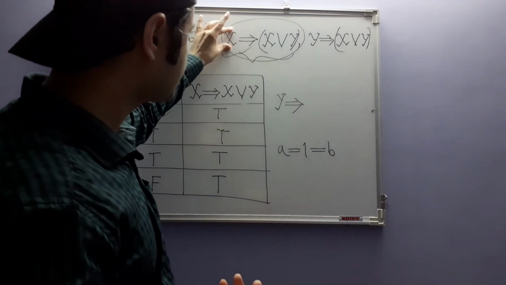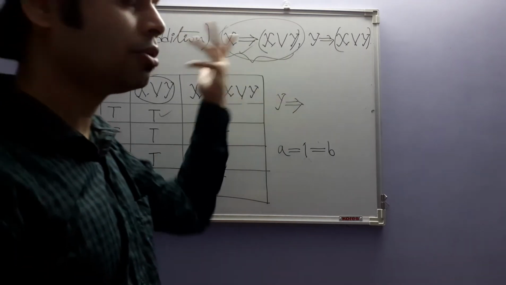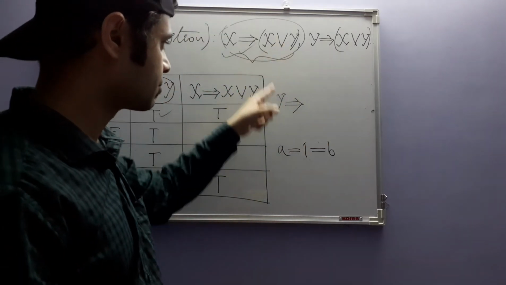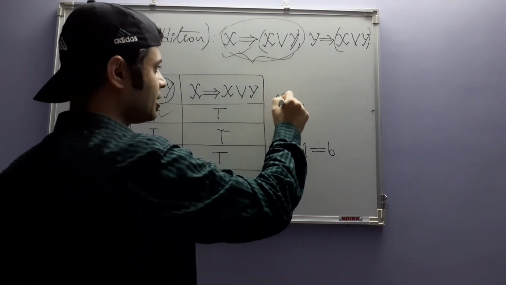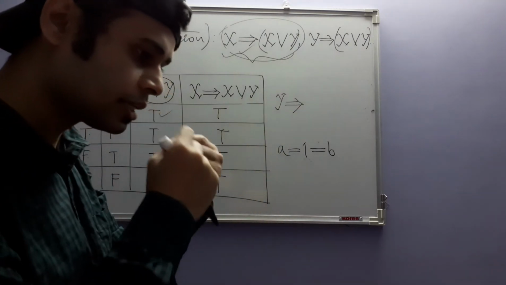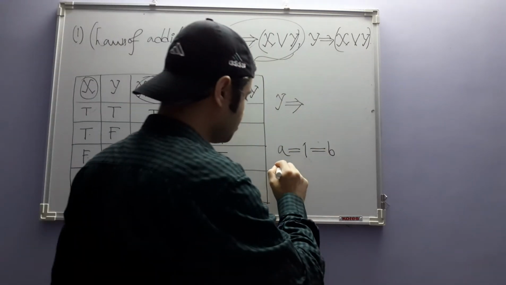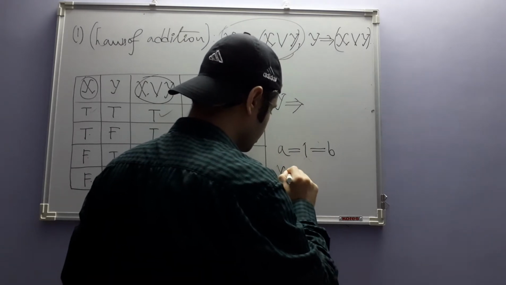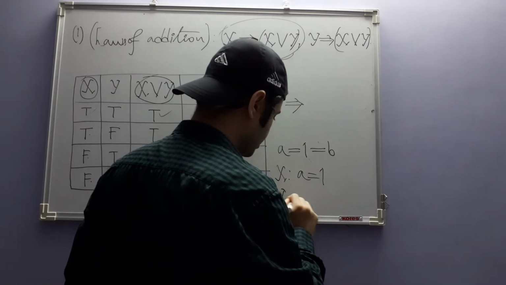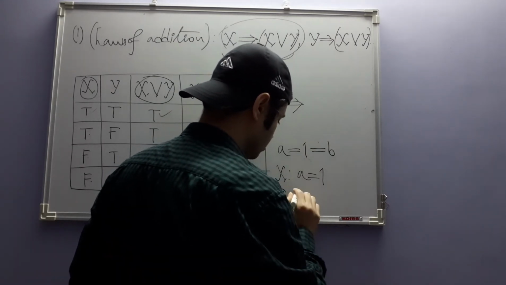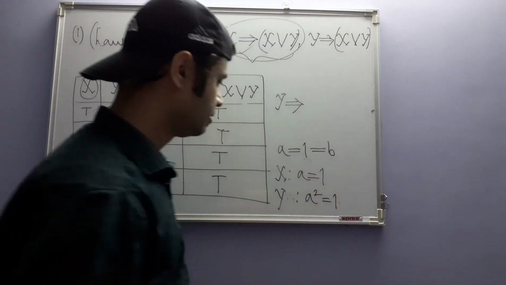Here we had x, but x can be any statement. X can be y also. Not this y, of course, but any statement y. So in place of x, if we are putting y, what I am trying to say is that we can interchange x and y. For example, suppose x is the statement a is equal to 1 and y is the statement a square is equal to 1.